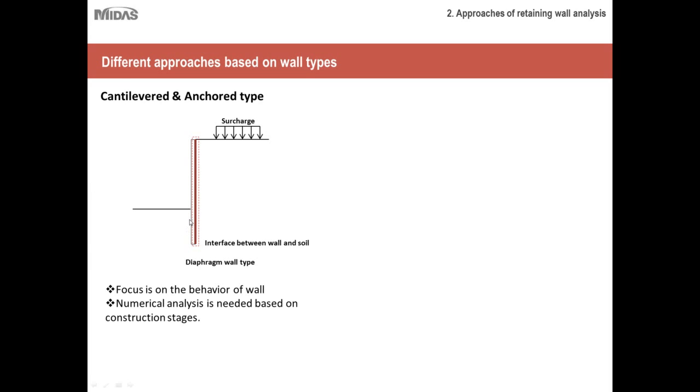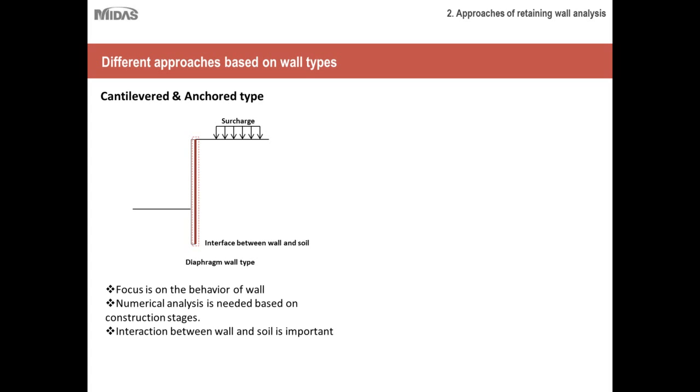So you must perform the numerical analysis to check the behavior of the wall based on its construction stages, and pay special attention to the interaction of the wall and the soil. This brown surface that we have highlighted here and placed in this box is actually the interface material between the wall and the soil.